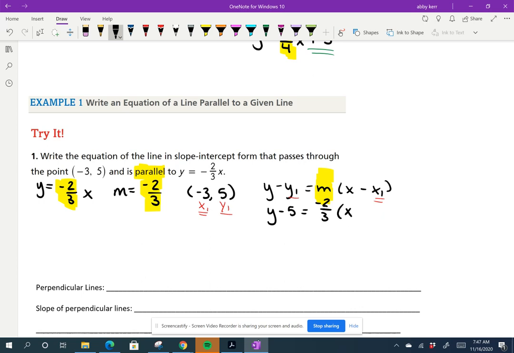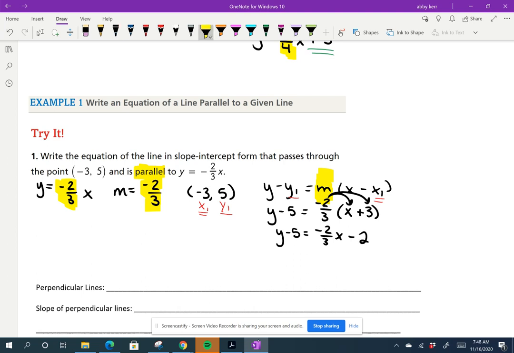Now minus a negative is really adding 3. So then we can distribute the y minus 5, nothing happens to. Negative 2/3 x is negative 2/3 x. Negative 2 times 3 is negative 6 divided by 3 is minus 2.